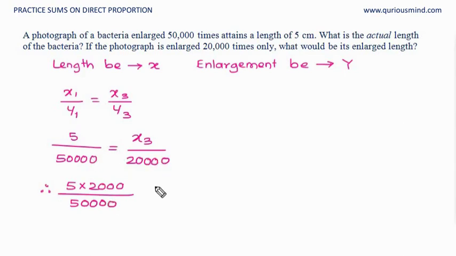I'll just move this, that side is x3. So 4 zeros gone, 4 zeros gone, 5 twos are 10, and therefore x3 is equal to 2 centimeter. So now the bacteria length would be 2 centimeter if we enlarge it 20,000 times.